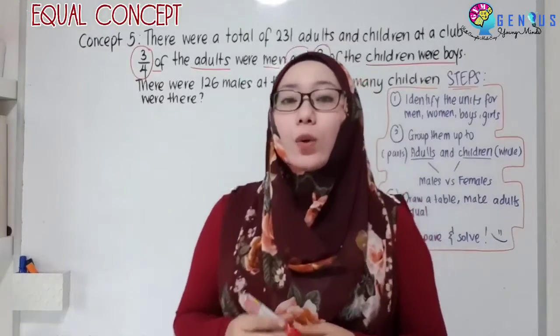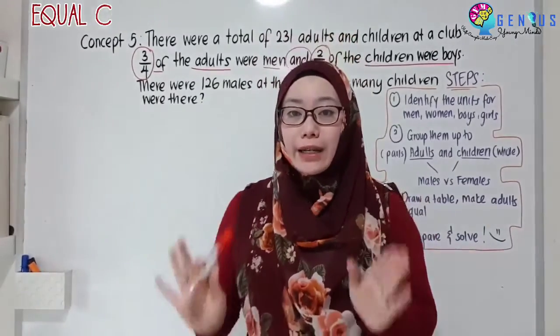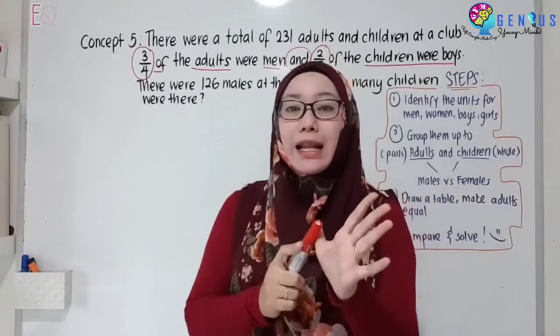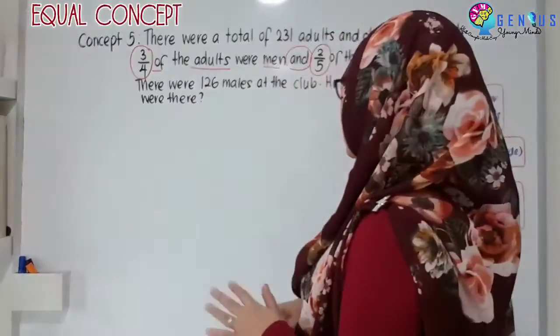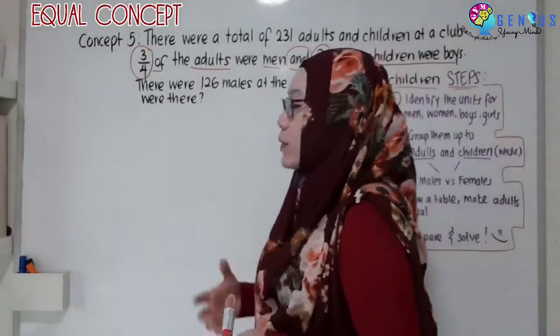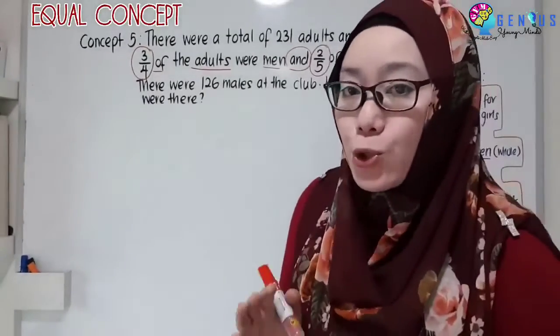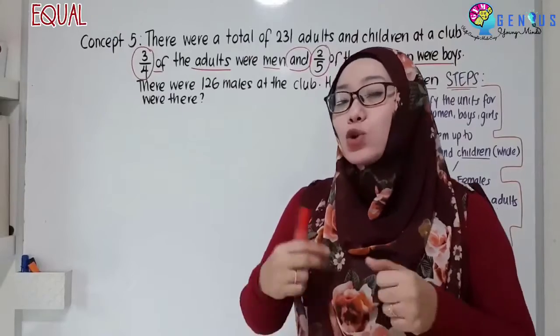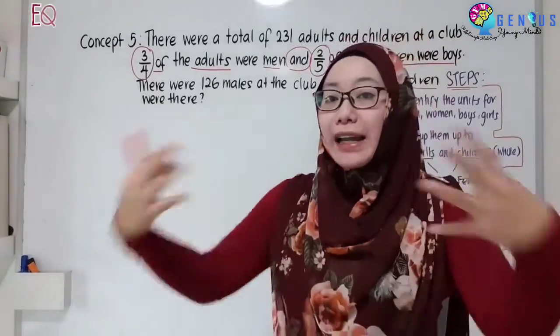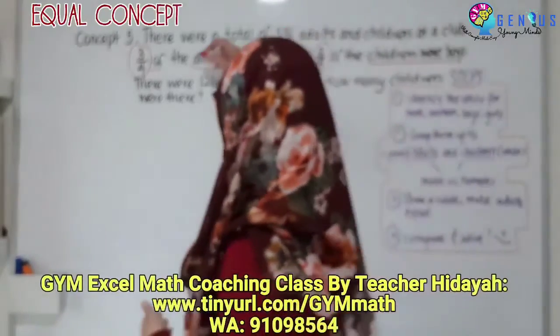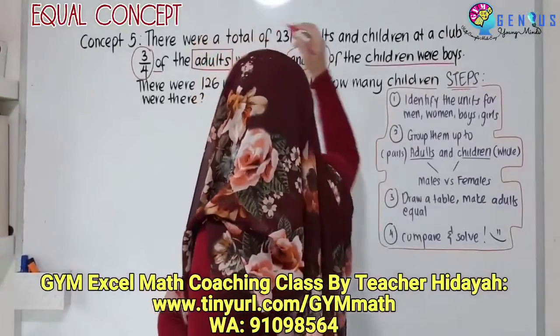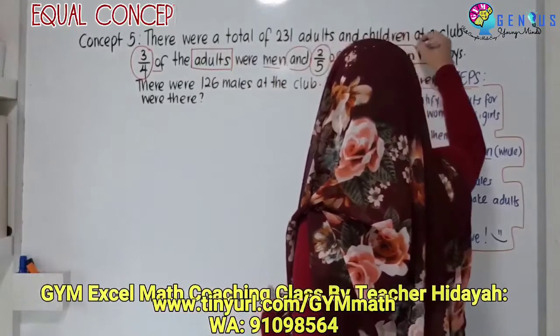For equal concept, you need to identify where is the part and where is the total. In this case, they didn't tell us where's the part, where's the total. But we need to know in the question what the two main groups of people are. In this question, the two main groups of people are adults and children.